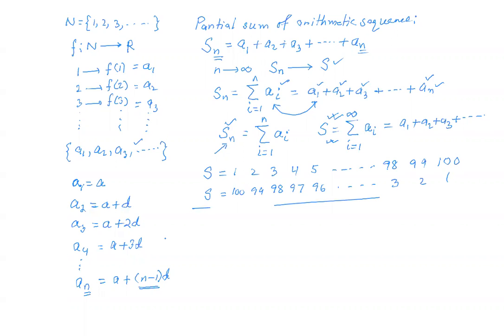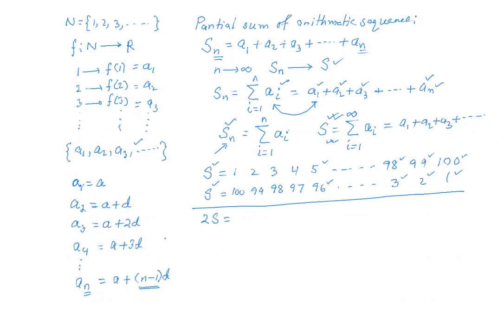If you add these two, you get S plus S, which is 2S, equal to 100 plus 1 is 101, 2 plus 99 is 101, 3 plus 98 is 101, 4 plus 97 is 101, 5 plus 96 is 101, 98 plus 3 is 101, 99 plus 2 is 101, 100 plus 1 is 101.